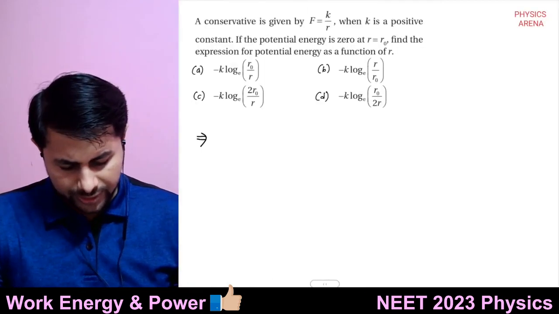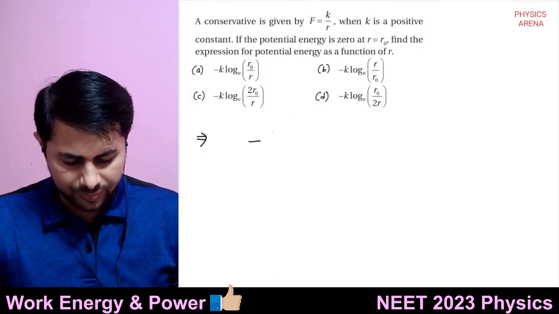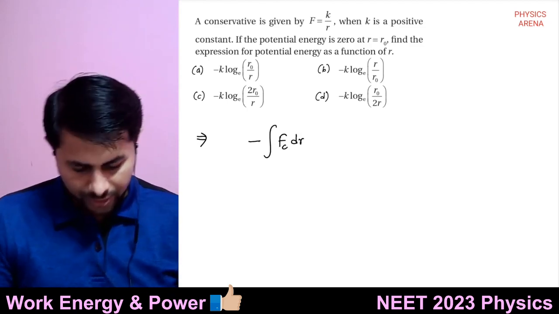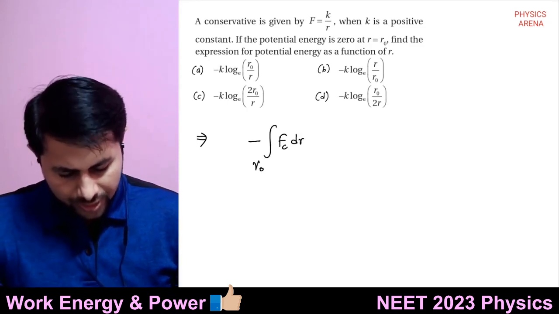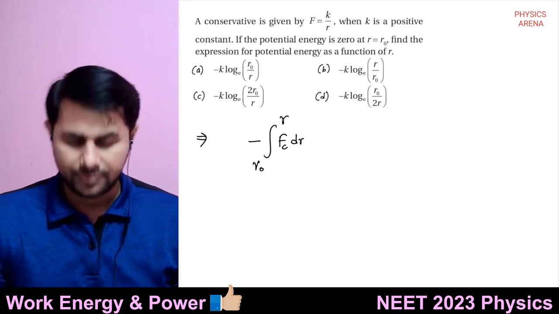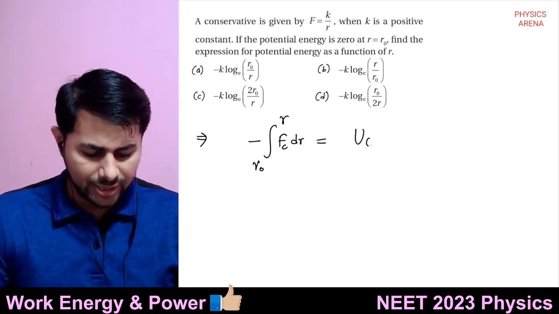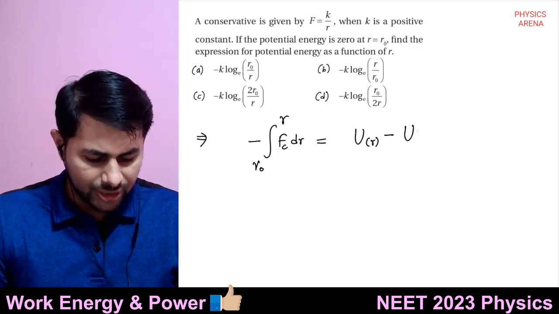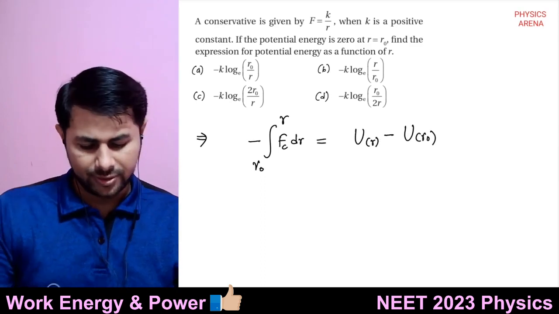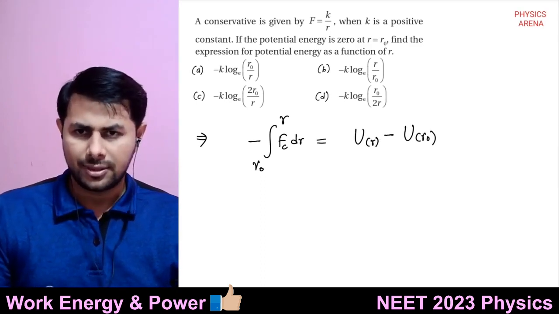What we will do is we'll take the integral of F dot dr from R naught to some R, and this will give us what? It will give us potential energy at R minus potential energy at R naught, right?